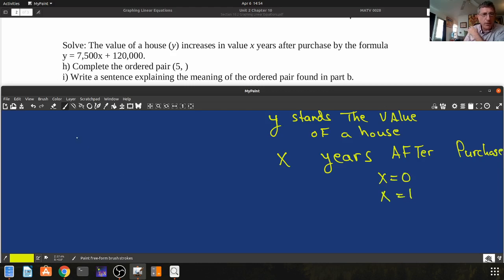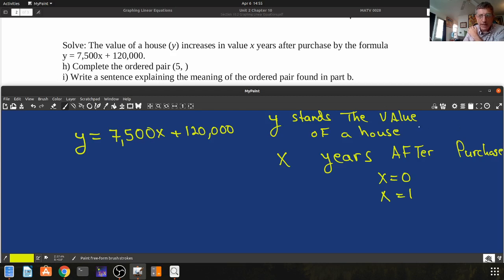So we have a formula that tells us that Y is equal to 7,500X plus 120,000. So that means the value of your house is equal to 7,500X, where X stands for the years after purchase, plus 120,000.